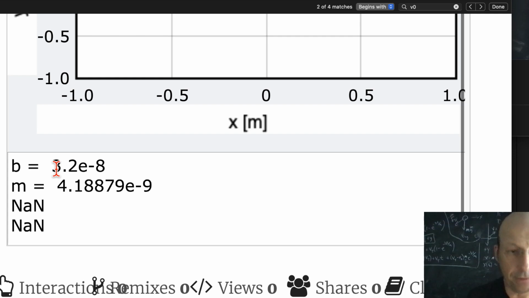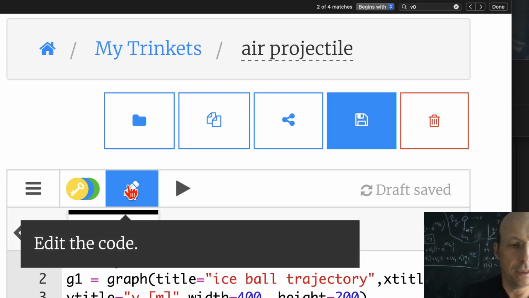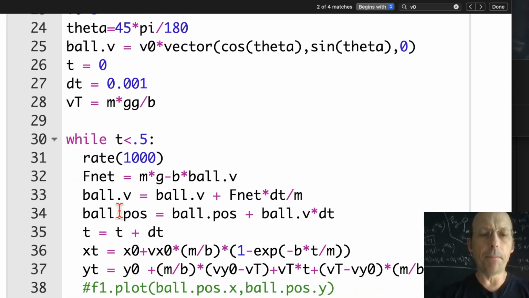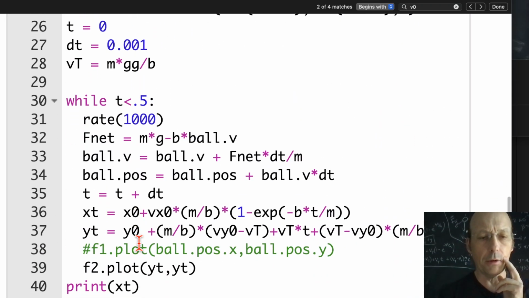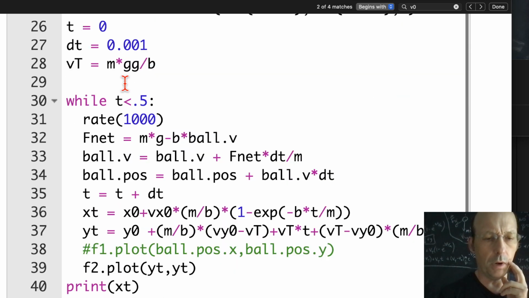So those are fine. Okay, let's do this. The weird thing is that neither of them are printing. They're both not a number. X0, Vx0, Vx0. Oh, is that the problem? No, because it should be Vy0.